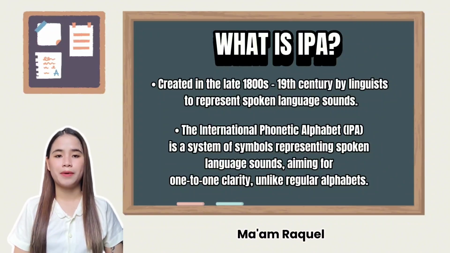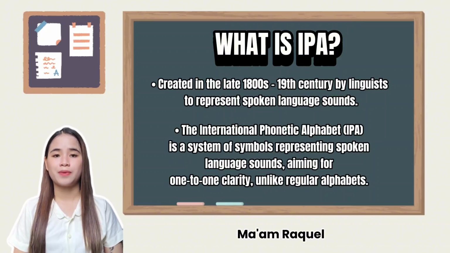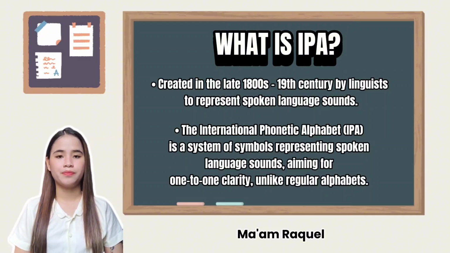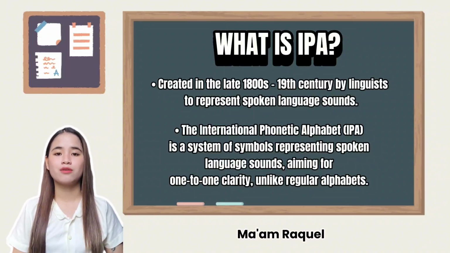Unlike regular alphabets, which often have inconsistent letter-to-sound correspondence, the IPA aims for one-to-one clarity. Think of it like this. Imagine you want to write down how someone is saying a word but you don't want to use the regular alphabet because spelling doesn't always match pronunciation. The IPA gives you special symbols for each sound so you can write it down exactly how it's spoken.